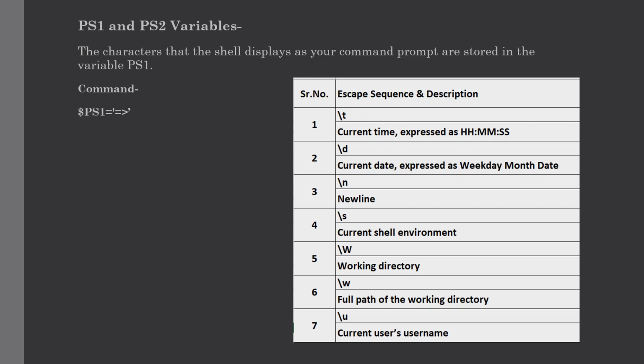Each of these has a specific meaning, such as \t, which represents the current time expressed in this format, and \d, which contains the current date expressed as weekday, month and date. I think you are already familiar with escape sequences such as \n, which represents the new line, and so on. There are so many escape sequences, and we can use them as value arguments for PS1. Let me show you with some examples.